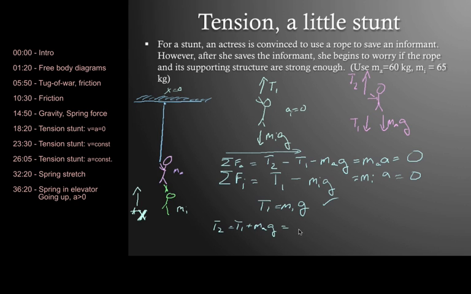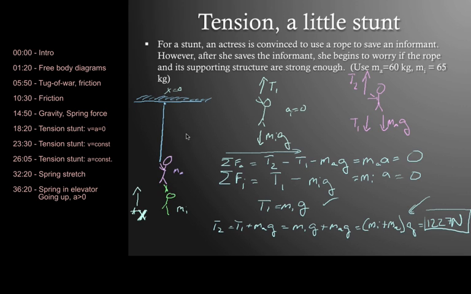So I can plug in what T1 is. So this is MIG plus MAG, which is equal to MI plus MA times G. And I can work that in, and it's 1,227 newtons.